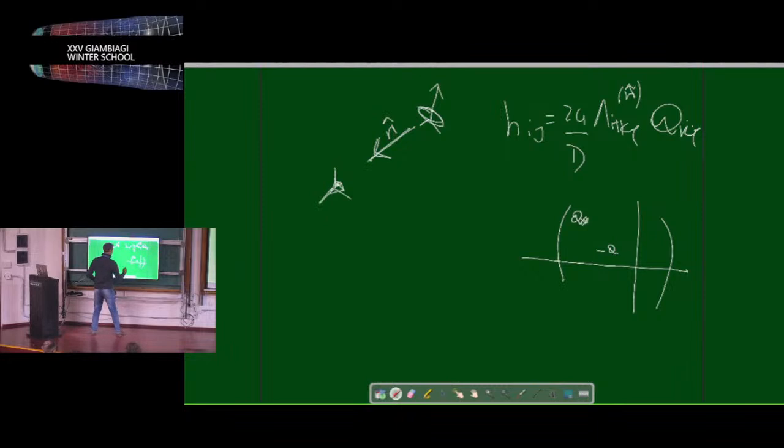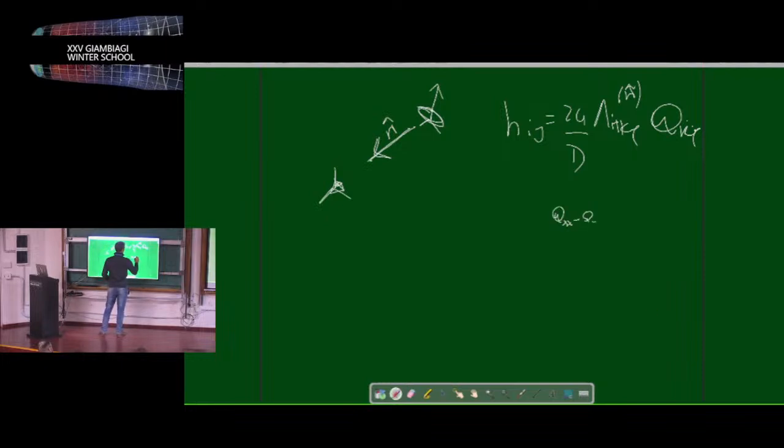Let me write bigger, otherwise I make a mess. We have q_xx minus q_yy divided by 2, q_xy, q_yx, and minus the previous one.